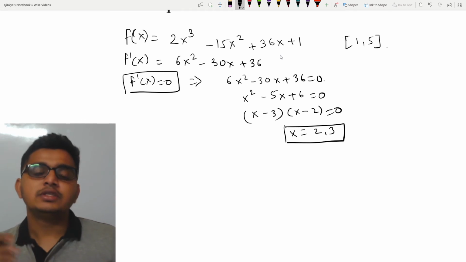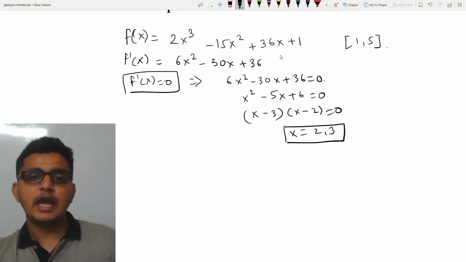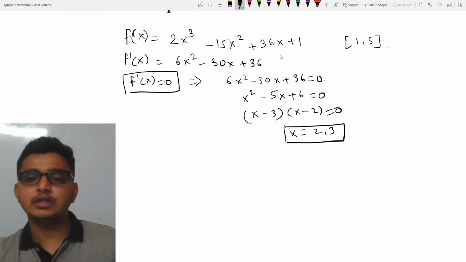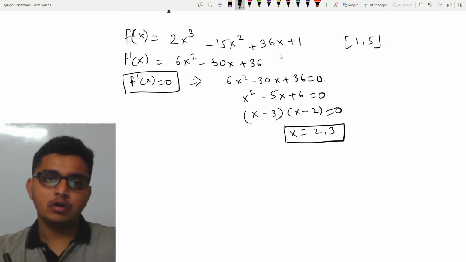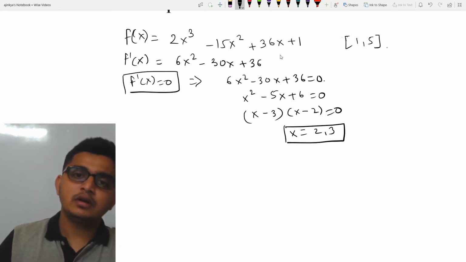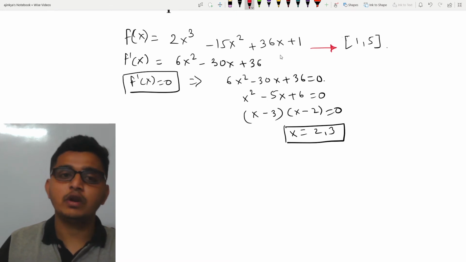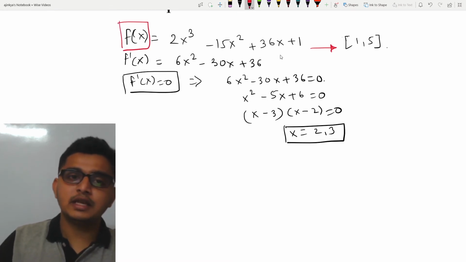Now just by looking at this and saying that the minimum or maximum value of this particular function comes through these 2 points is going to be a very vague or unwanted answer, since we have been given an interval. So this is the interval in which we are required to find the minimum and maximum.